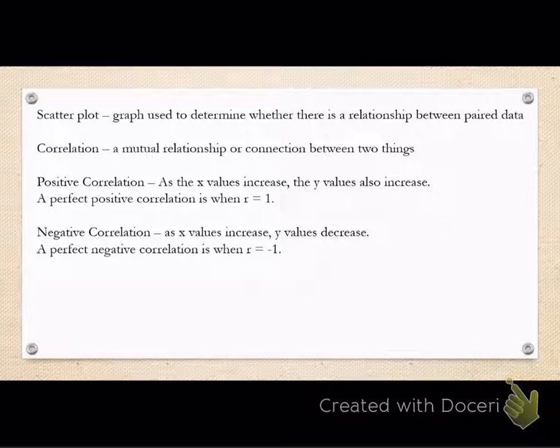So a scatter plot is a graph used to determine whether there is a relationship between paired data. So with scatter plots, usually what you're going to do here is plot a bunch of points to determine the relationship.